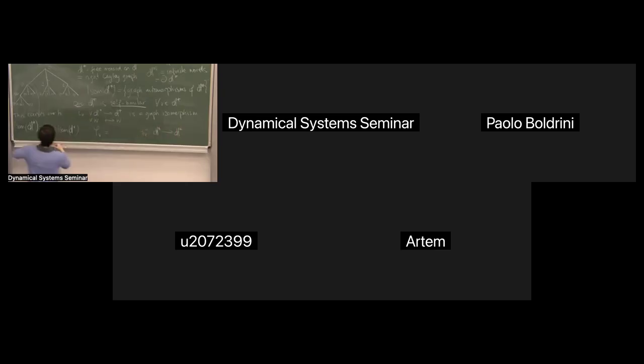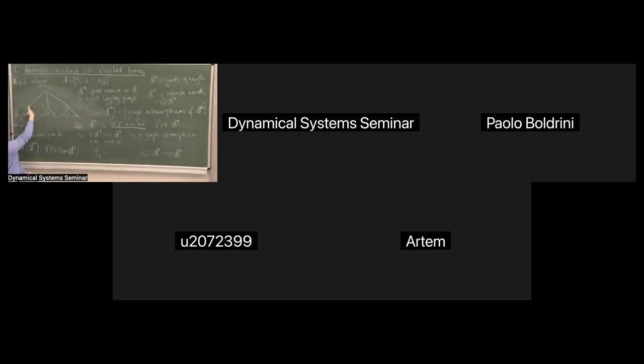So that means if v is, say, the letter 0, then I look down at this subtree. Then I do my phi, whatever it does. Phi will take this subtree possibly to itself, possibly to this subtree, let's say. And then within this, it might still permute the vertices.